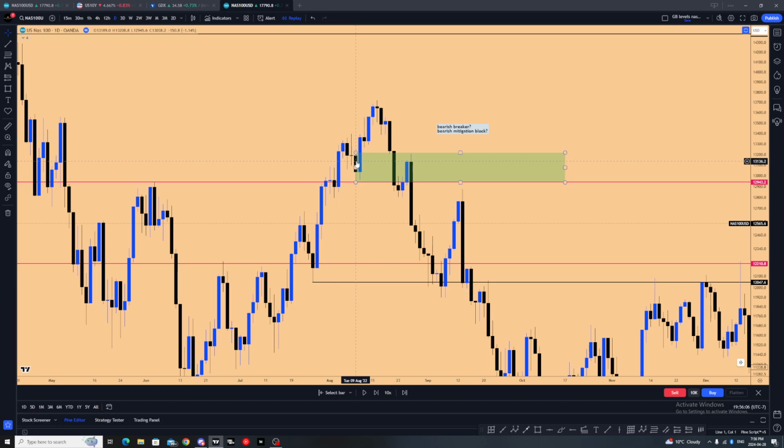I don't know if this is a breaker or a mitigation block. I'm asking you. But this is like a bearish order block because a previous bullish order block, which is broken, is a resistance zone. This was supposed to be a support, but it's not because it broke down. So it turns out to be a resistance, and you can see the market reacted to it. So what does that make it? Is it a bearish breaker or a bearish mitigation block out of all the order blocks we have talked about?